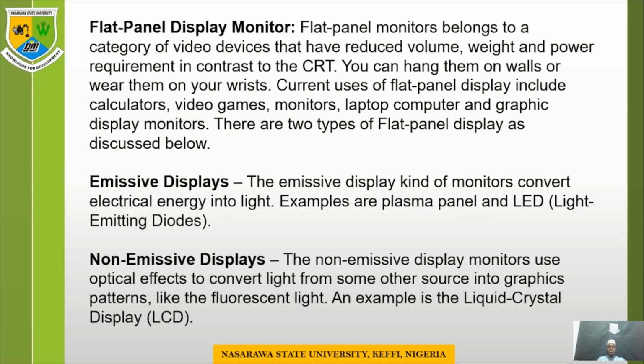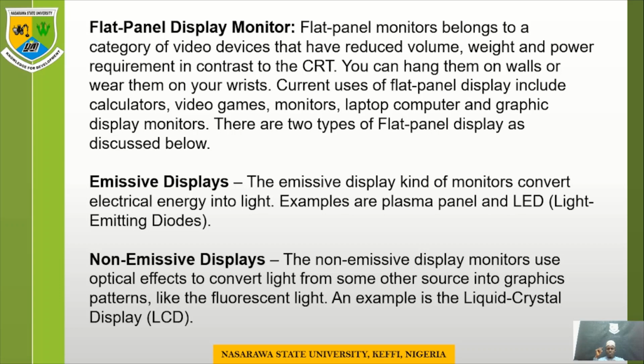We should know that emissive displays are the kind of monitors that convert electrical energy into light. Then the non-emissive displays are kind of monitors that use optical effects to convert light from some other source into graphic patterns, like fluorescent lights.